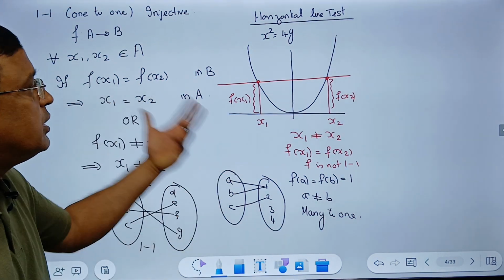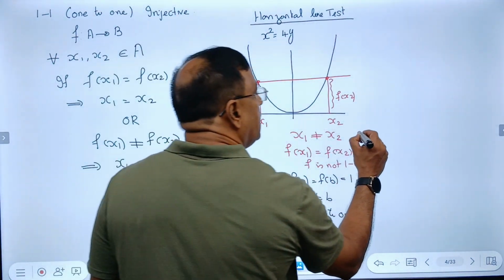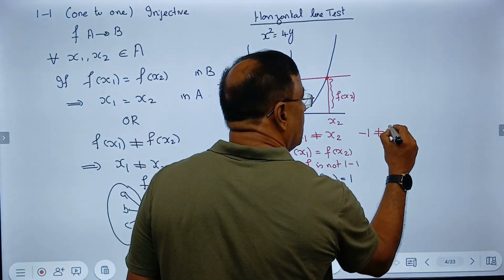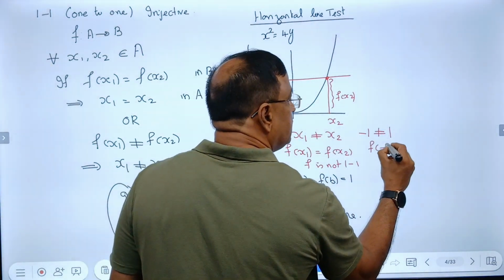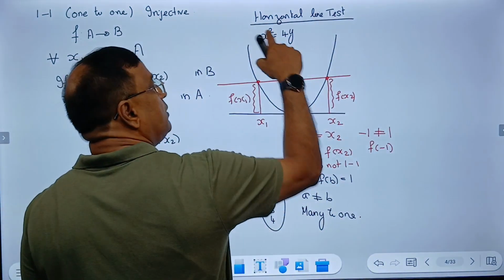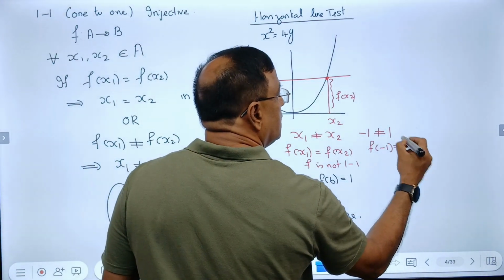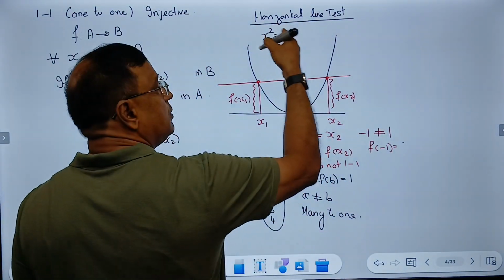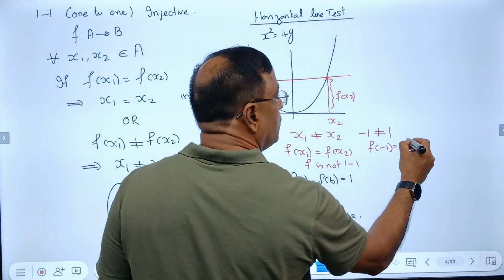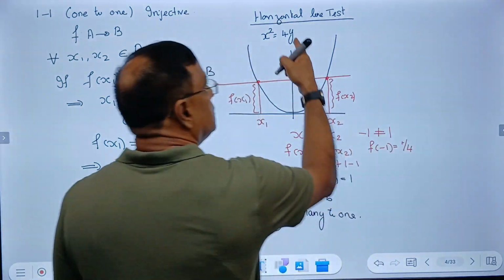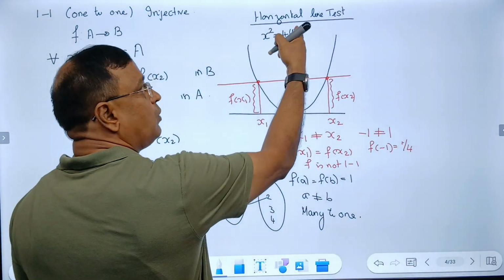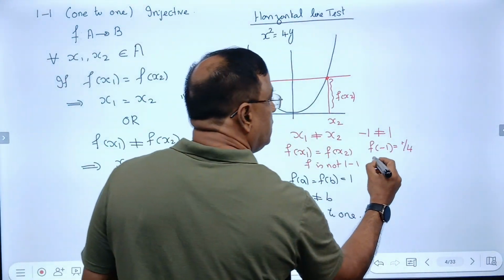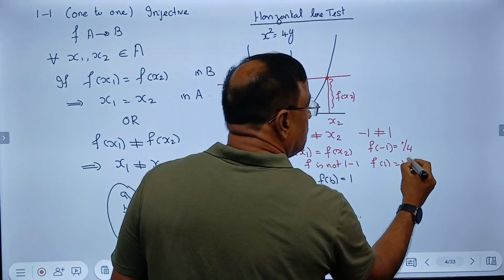If you want a numerical example, you would take -1 not equal to 1. Now what is f of -1? If I put x as -1, y will be 1 by 4. What is f of 1? That is also 1 by 4.